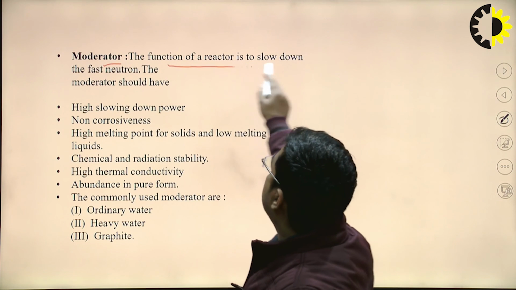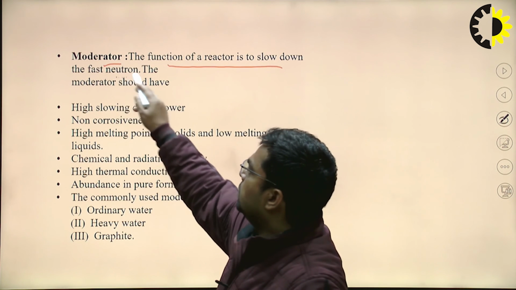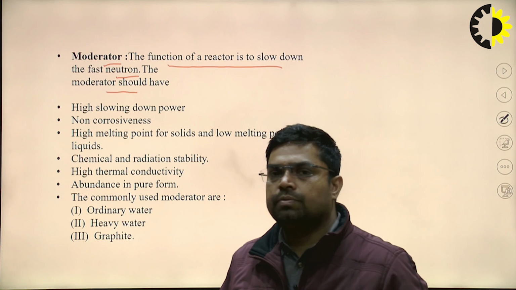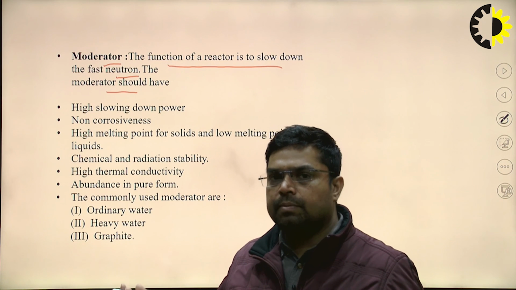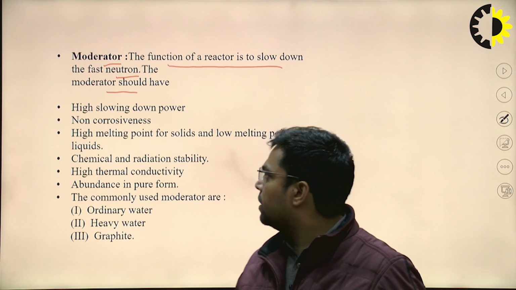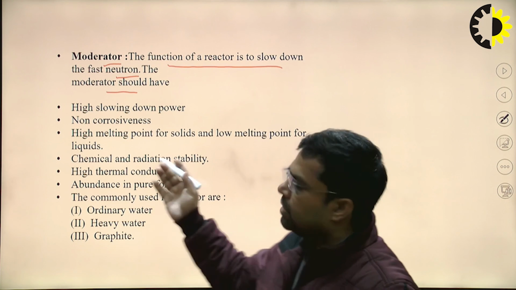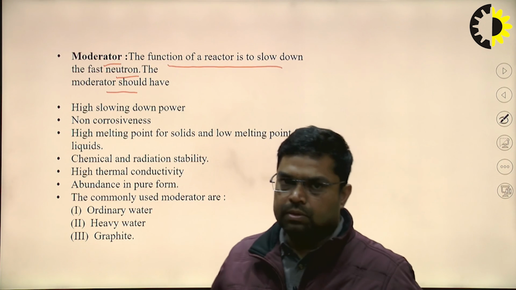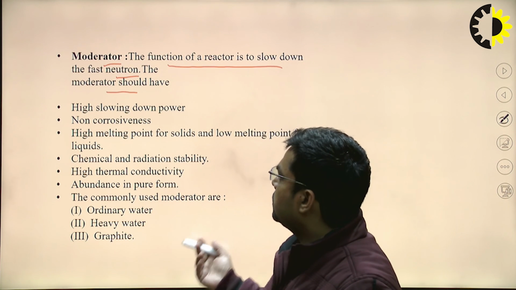The function of the moderator is to slow down the fast neutrons. Basically, what temperature and what conditions we maintain inside the chamber, inside the core, and what amount of heat will be generated. So the function of the moderator is to slow down the fast neutrons.